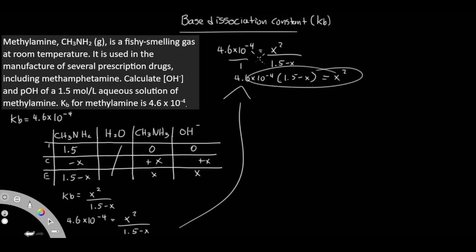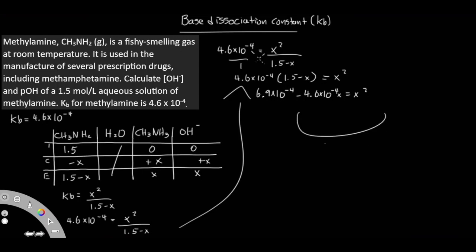So what do we end up getting here to expand? You get 6.9 times 10 to the negative 4, minus 4.6 times 10 to the negative 4 x, is equal to x squared. We're putting all of these over on this side, so our final equation ends up becoming this. Now we can just put this all into the quadratic formula. So this is our a, b, and c.